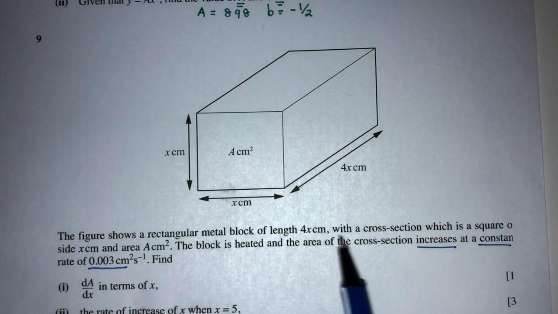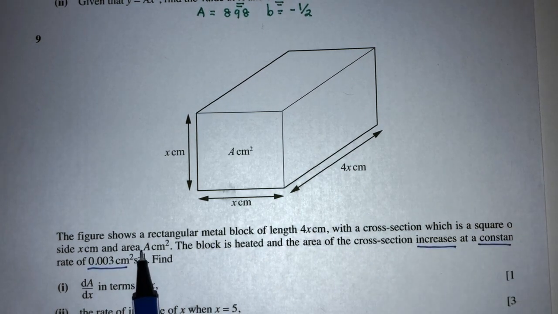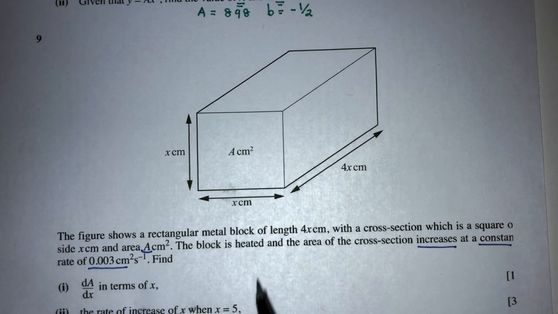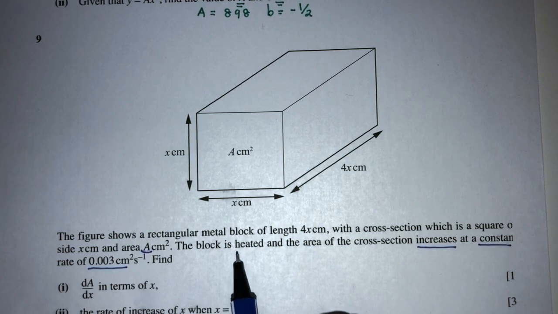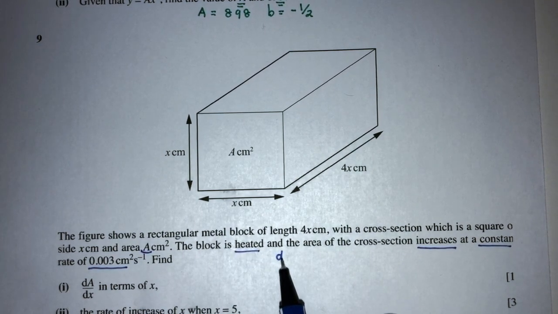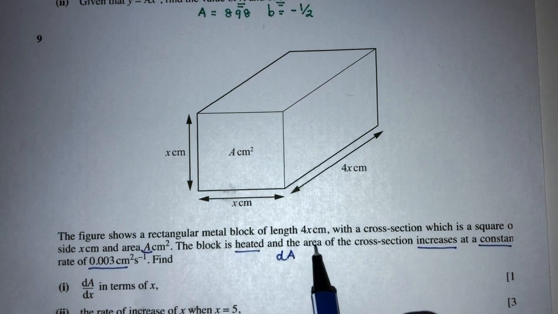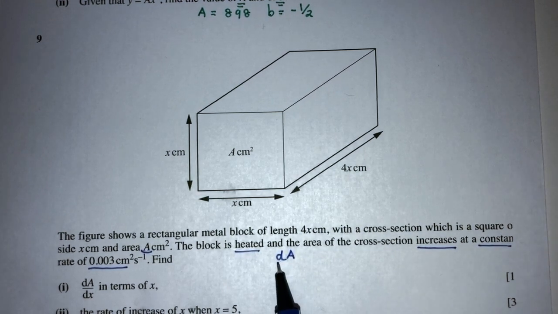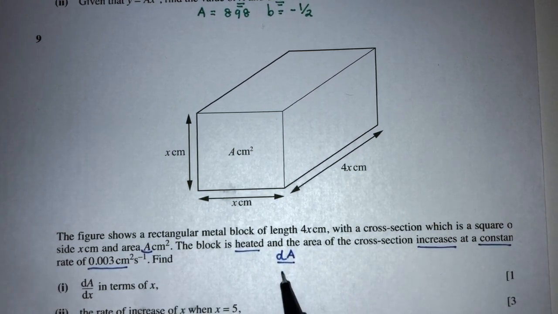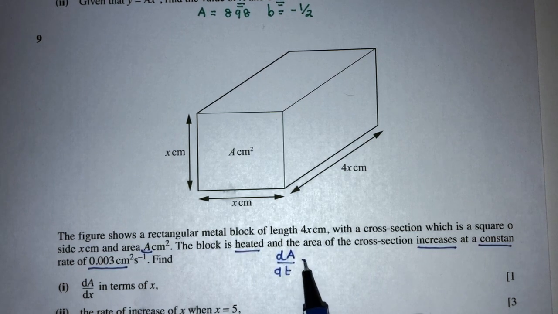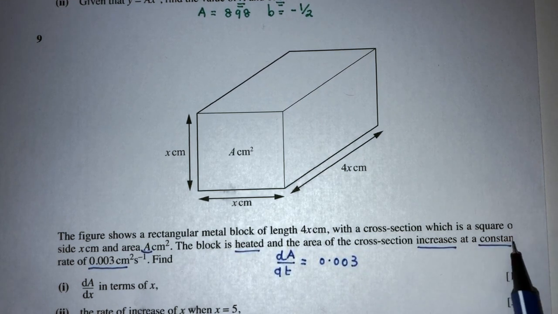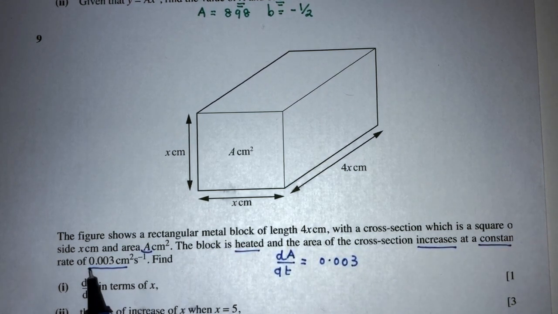So basically the area is called A, right? Now we know that when the block is heated, the area A increases, so dA, and rate is with respect to time, so dA by dt is equal to 0.003. It is a constant, so it is equal to this value.